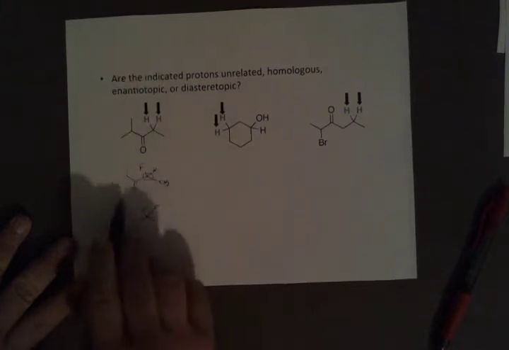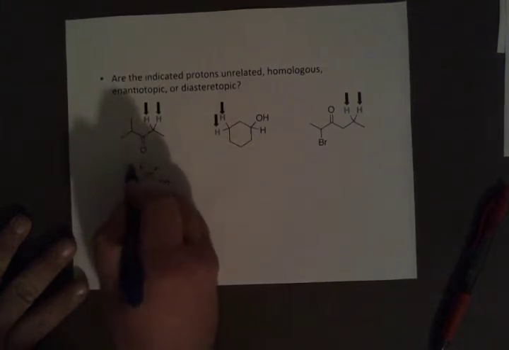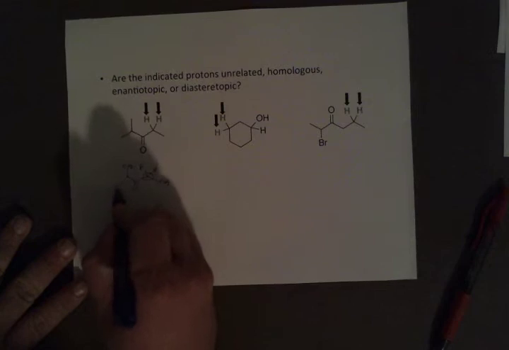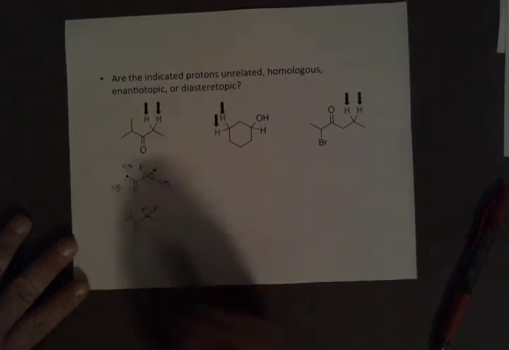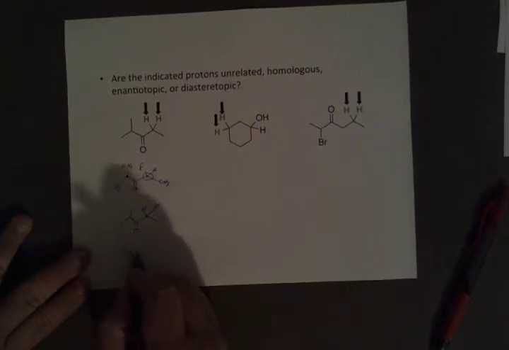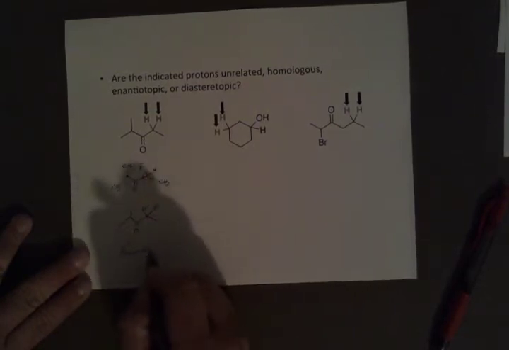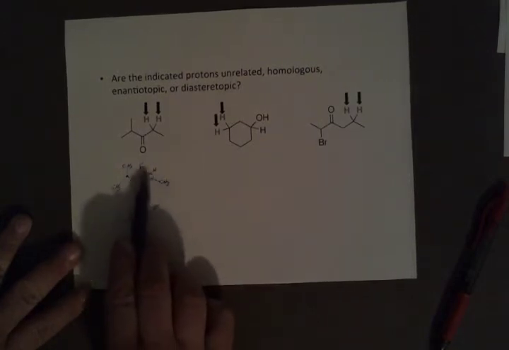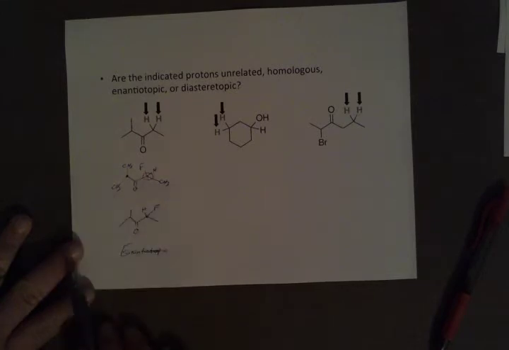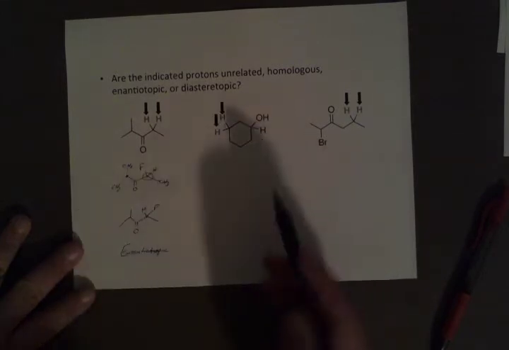There could be one right here, but both of these are CH3s coming off of this carbon. So there's not one. So this would end up being just enantiotopic because there's only one chiral center in the molecule.